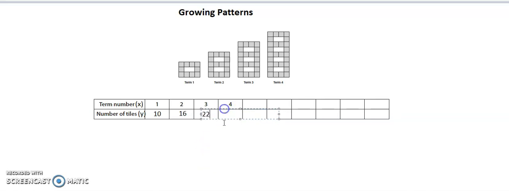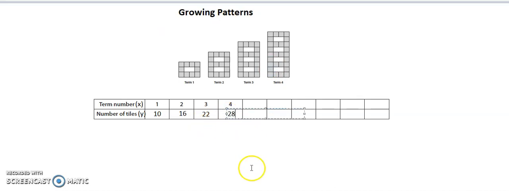Finally, I look at my term 4 and I've got 4, 8, 12, 16, 20, 21, 22, 23, 24, 25, 26, 27, and 28. Okay, so I know I've got 28.